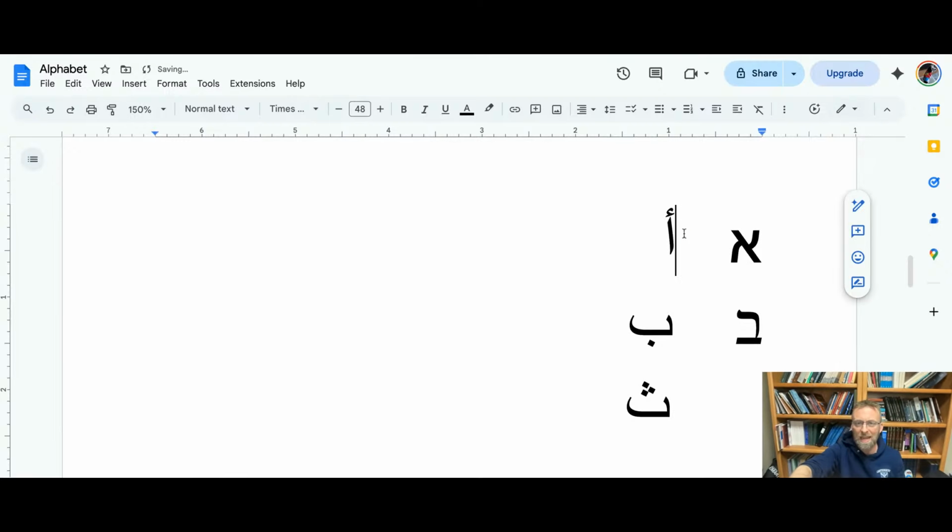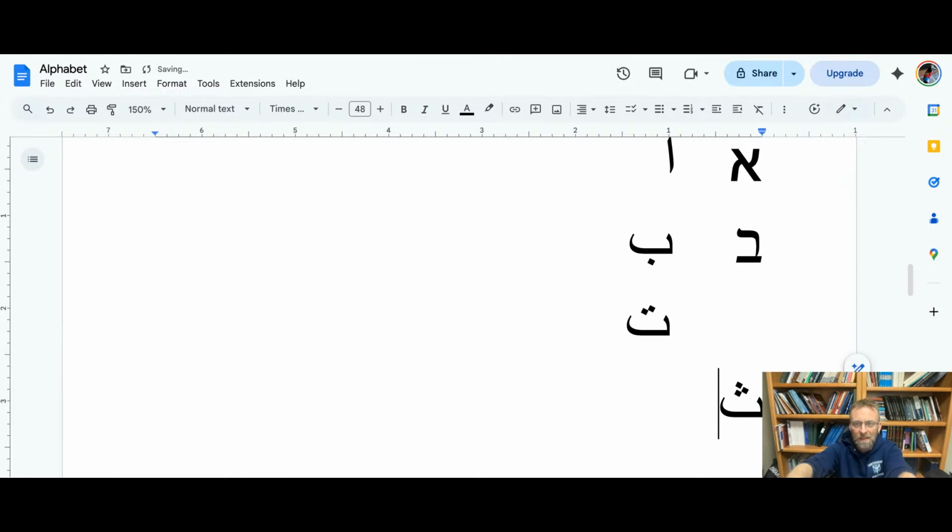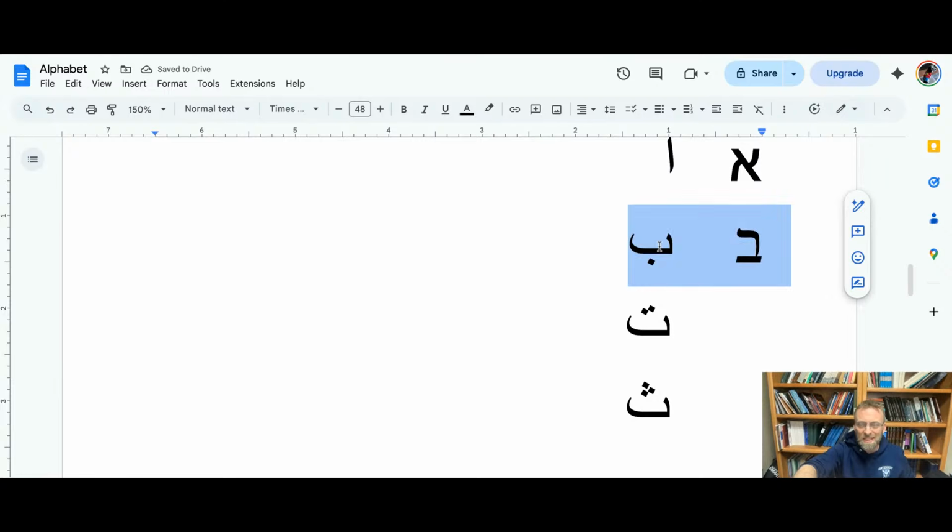Okay, so in Arabic, we've got alif, ba, and then, sorry, ta, and then we're going to have tha. So this makes a B sound, okay? This makes a T sound, and this makes a TH sound, like in thing, okay?